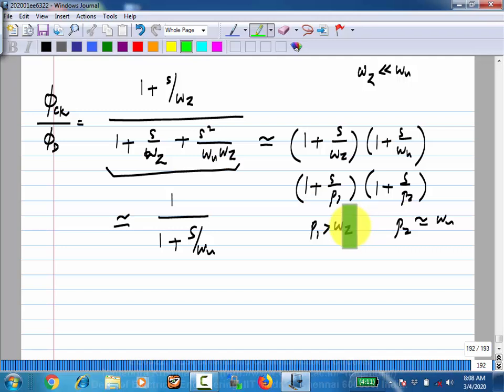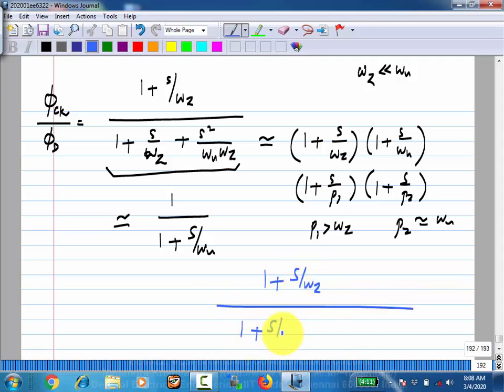So if P1 was exactly equal to omega z, what would happen? So I have 1 plus s by omega z, 1 plus s by P1, 1 plus s by P2. And for now, let me say that P2 equals omega u, just to avoid any confusion. If P1 was exactly equal to omega z, you'll have pole zero cancellation and you will have just a first order roll off. Now I am saying P1 is not exactly equal to omega z, but slightly more than omega z.